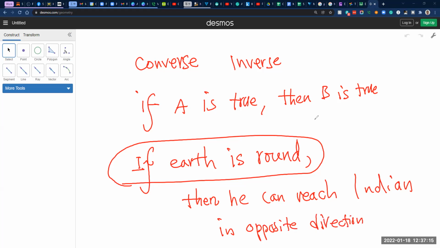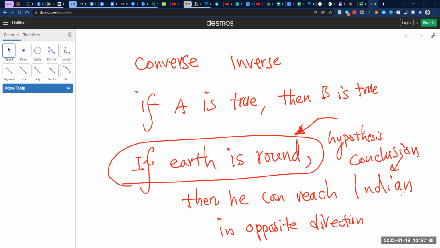So in logic, basically the reason we learn geometry is to learn how to use logic. The condition we call the hypothesis, and this is our conclusion.